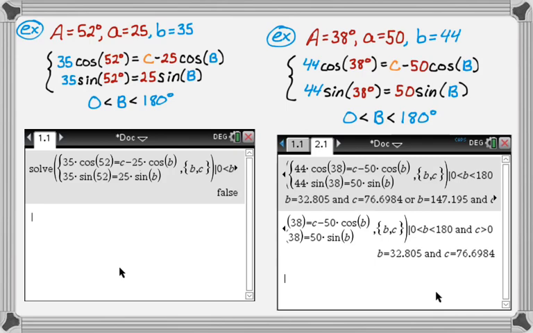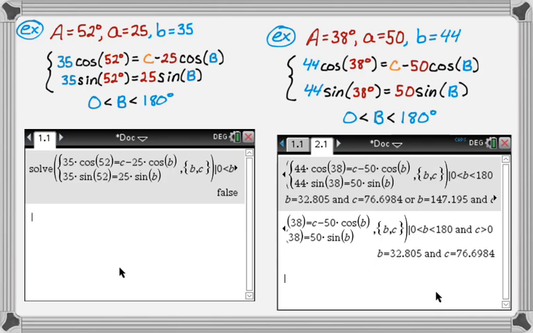So it gave me B is 32.805 and C is 76.6984, or the calculator says B is 147.195, and the value that it gave for C there was actually negative. So instead of doing what a human would do and just discarding it, I decided to add another constraint. So instead of just B being between 0 and 180, I said and C is greater than 0. It kicks out that extraneous solution, so we just get the one we want.